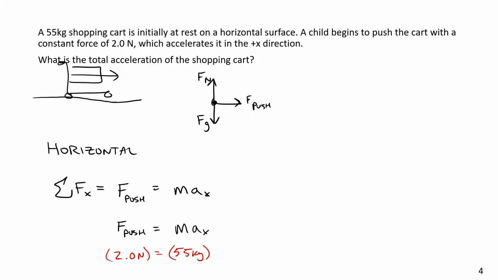And we have an unknown acceleration. Since we have these in the standard units, newtons and kilograms, we don't have to look up anything. Just by doing the division, we'll know the acceleration will be in meters per second squared.